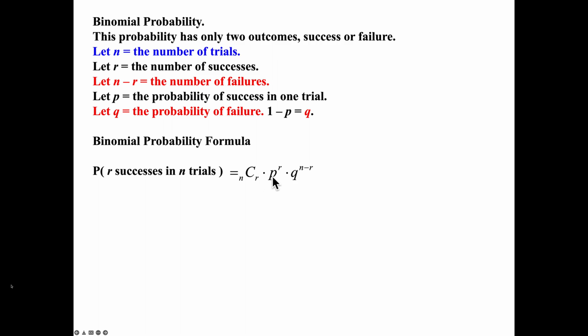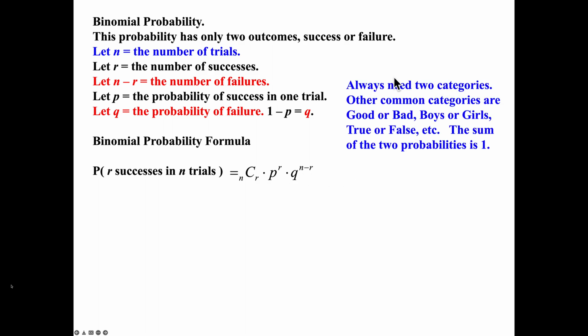Your probability p of success is raised to the r power, because that's how many times we want the success to happen. But then q is your failure, and n minus r has to be how many times your event failed. Okay? This is great when there's only two categories: good and bad, boys and girls, true and false, whatever. Just make sure that the sum of the two probabilities adds up to be 1.